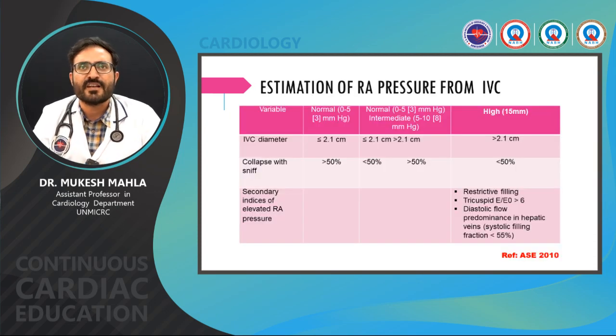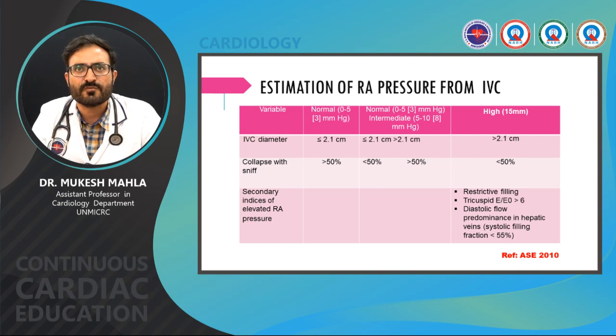If IVC diameter is less than 21 mm and collapse with respiration is more than 50%, RA pressure is considered normal, which is 0 to 5 mmHg, while if either IVC diameter is more than 21 mm or collapsibility is less than 50%, or IVC diameter is less than 21 but collapsibility is less than 50%, pressure is considered 5 to 10 mmHg. If both IVC diameter is more than 21 mm and collapsibility is less than 50%, RA pressure is considered high, which is more than 15 mmHg.